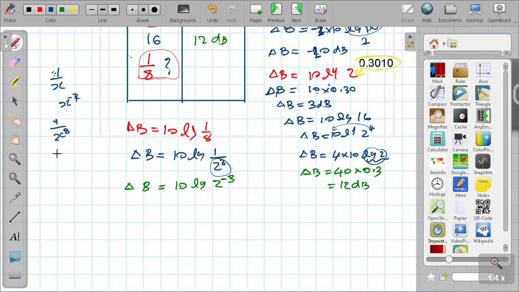Like 1/8 to the power minus 8. X to the power minus 8, you write. In a similar manner, you may have to write this one 2 to the power minus 3. 2 remaining, minus 3 comes. Because this makes a jump.